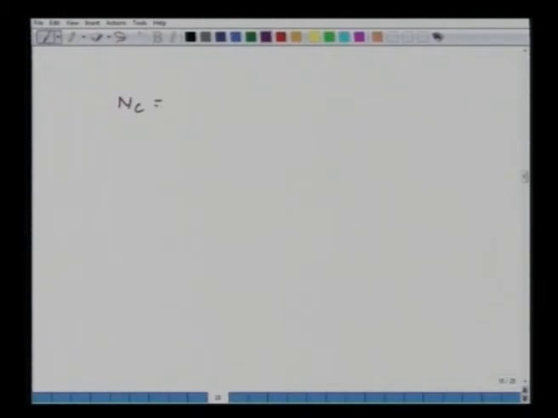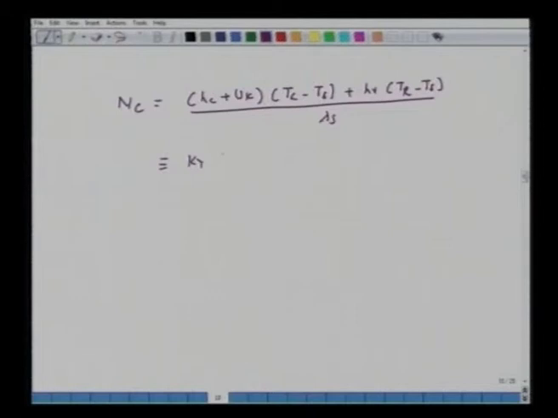NC equals HC plus UK, TG minus TS plus HR, TR minus TS over lambda S. This we equated to KY and YS minus Y. Now notice here this KY is not given to us, but if you take these two equations and rearrange, you should be able to obtain this expression like YS minus Y, lambda S over HC over KY.